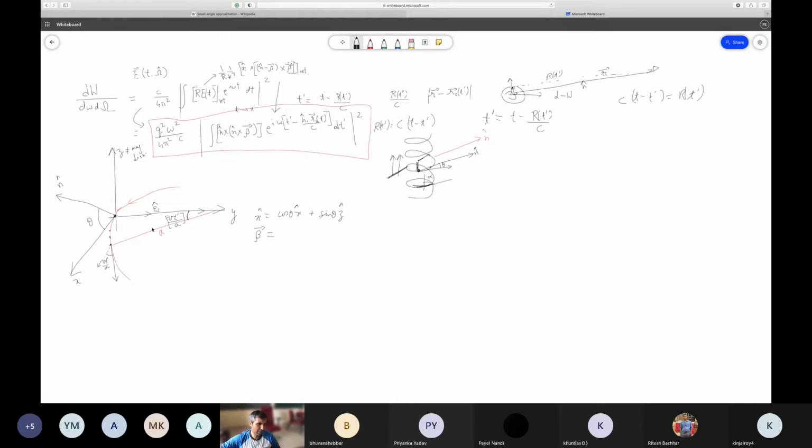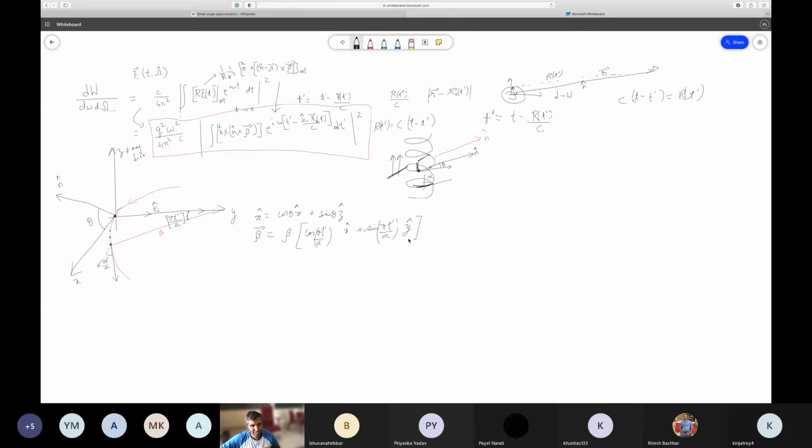If you're at this position at time t prime, beta is beta times cos v t prime by a x hat, which is the x component of the velocity, plus sine v t prime by a y hat.